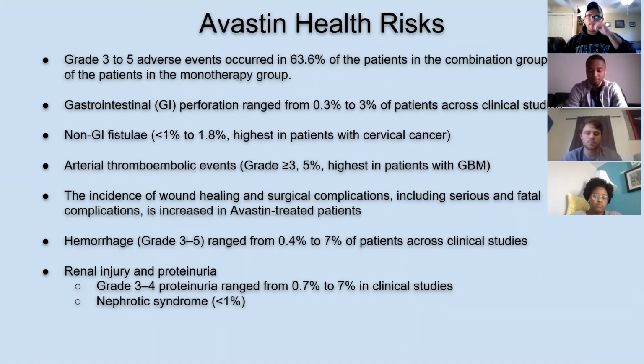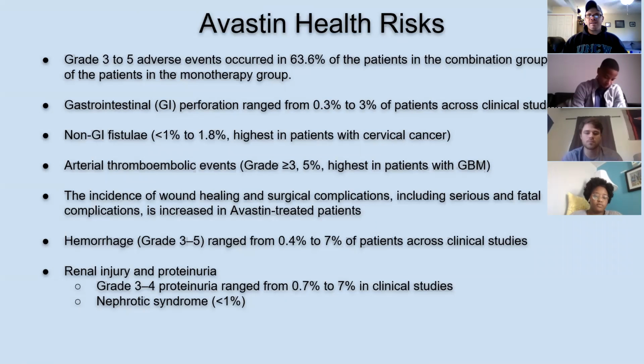These are associated with Avastin and not necessarily just the chemo, but the chemo doesn't help with most of these things. You're getting gastrointestinal perforations, where there are holes being eaten into the intestine and you could have some spillage, which isn't great, obviously.